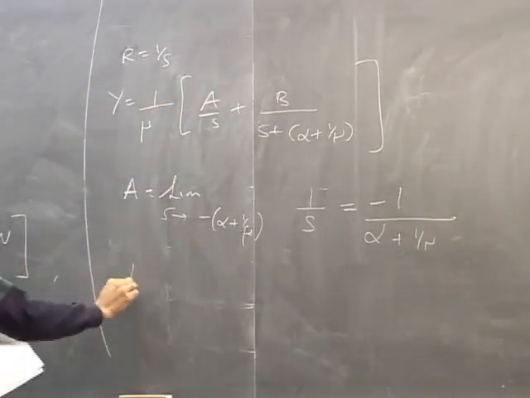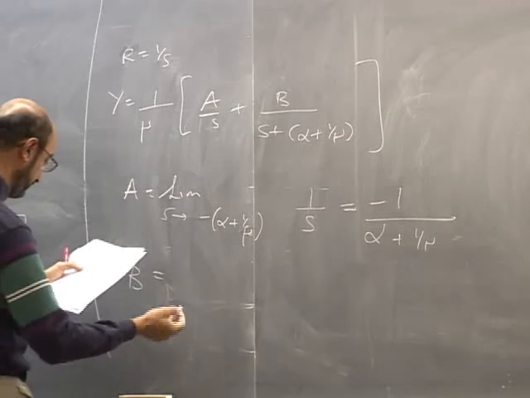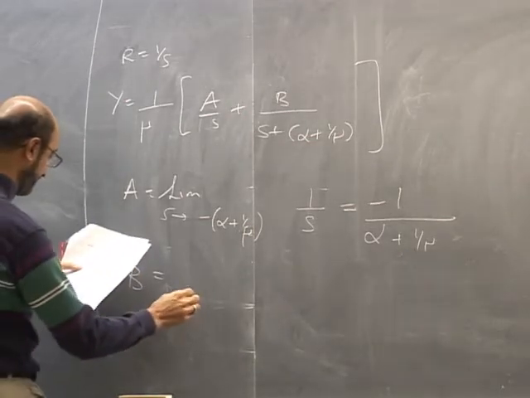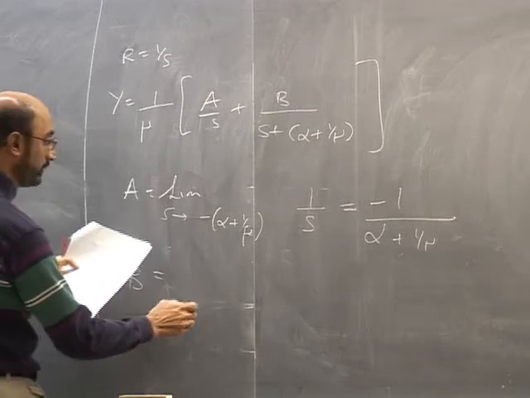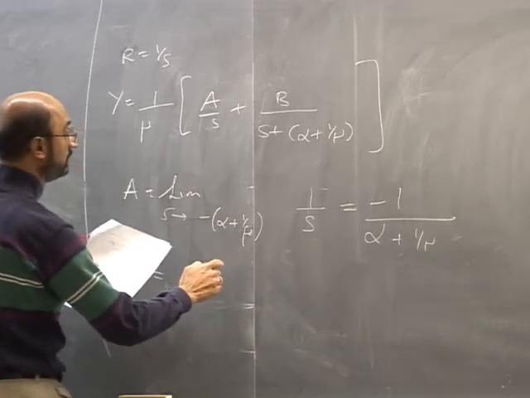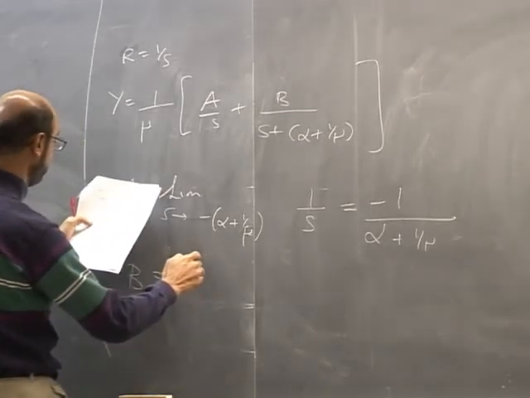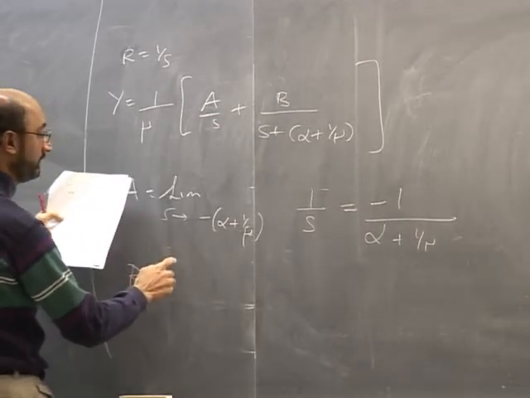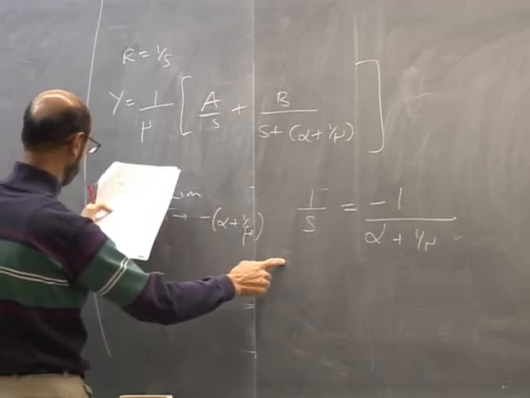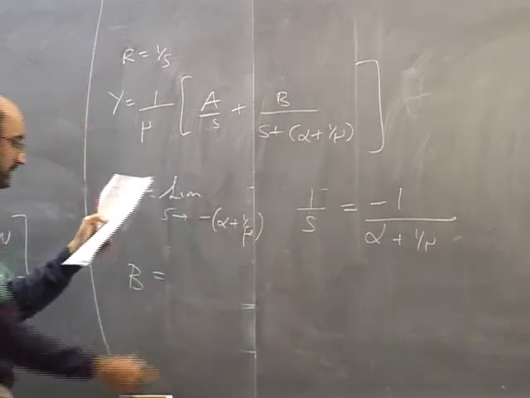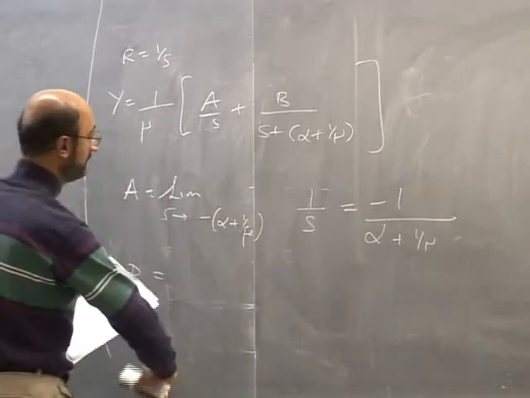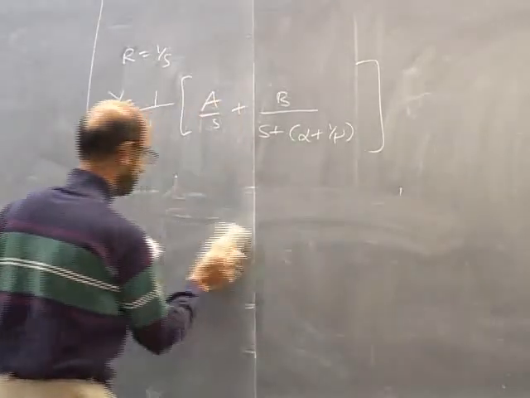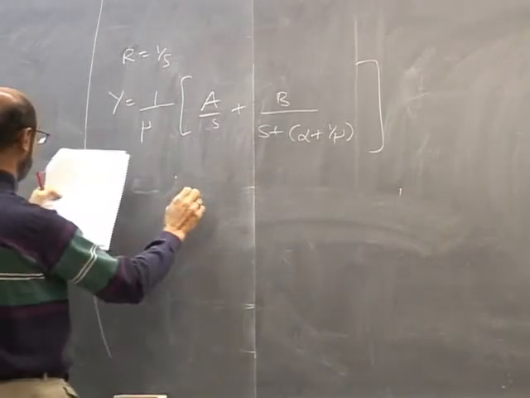And then B is going to be... wait a minute, am I doing this right? It's s plus, right? It should be positive, not negative. So how did I get that? Actually, let me do it this way. I should follow my notes instead of trying to wing it.